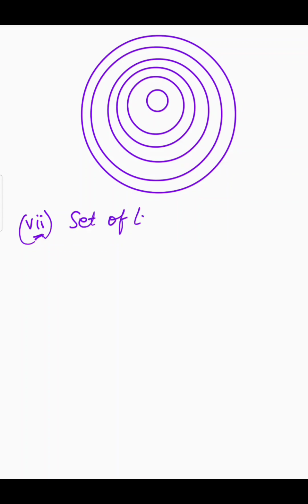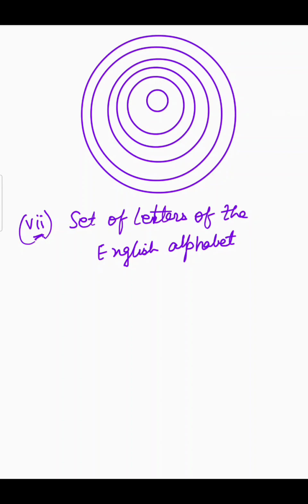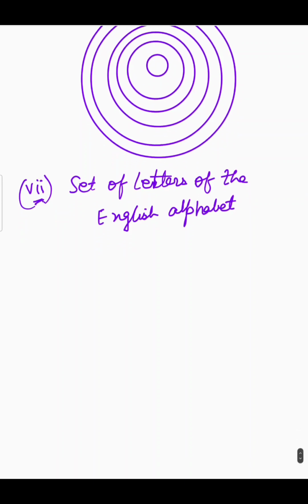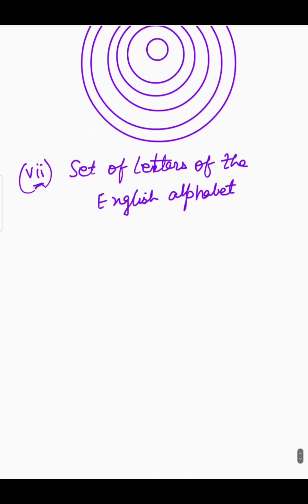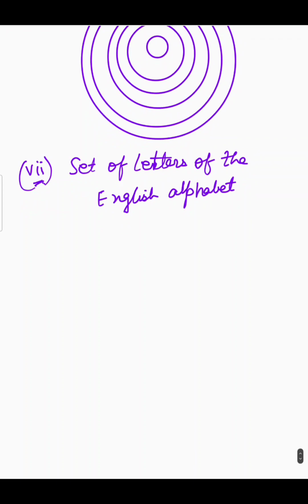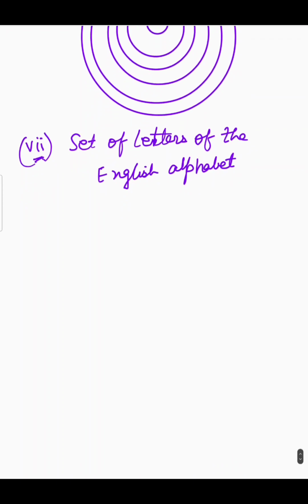Set of letters of the English alphabet. It's a finite set.